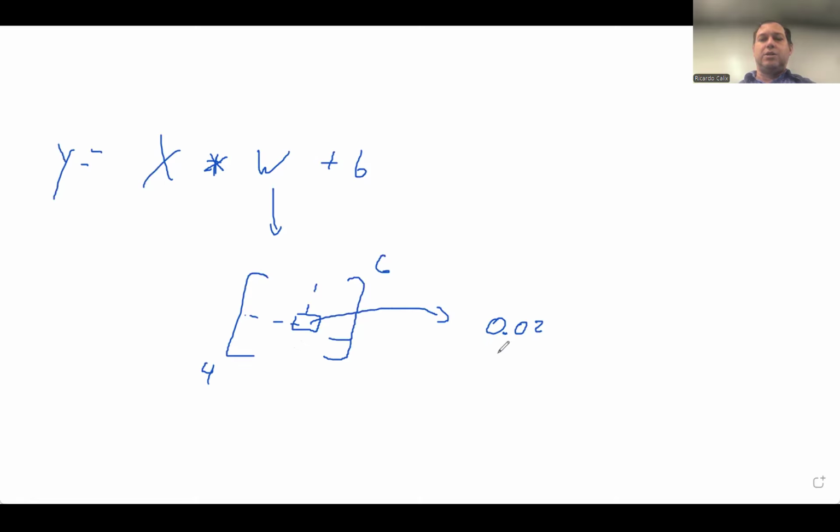So let's call this W, right? So now, what are we going to do? What does W become? Well, we're going to have 0.02, and then we need to update it. And that just means plus or minus, right? So we need to figure out if we do a plus or we do a minus.